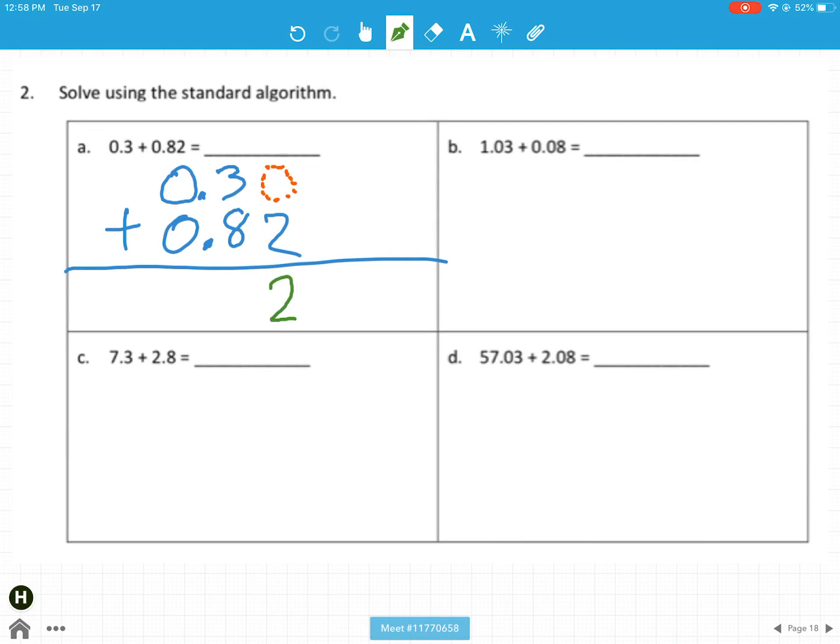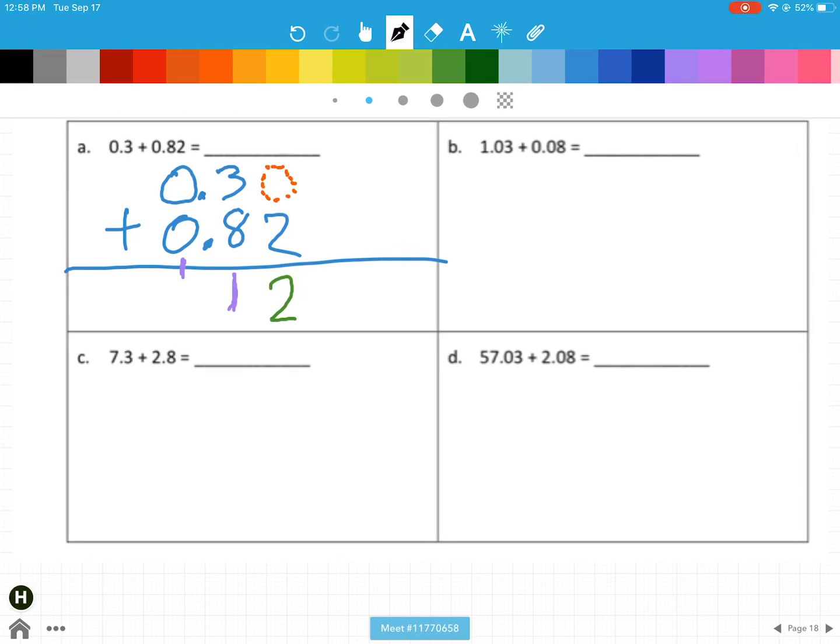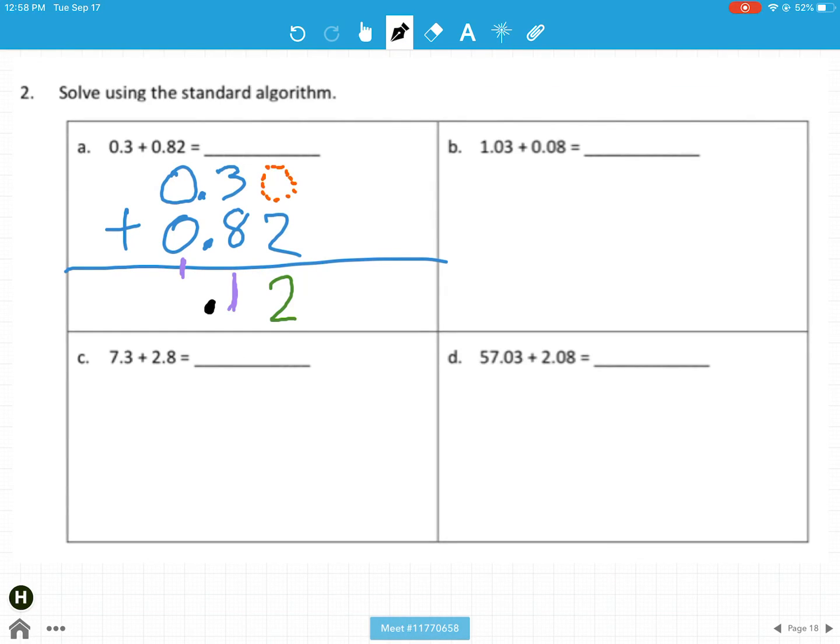So this is 2, because 0 plus 2 is 2. Now here, 8 plus 3, what's going to happen is we have 11. I'm doing this on purpose with the color. We're going to bring down our decimal.